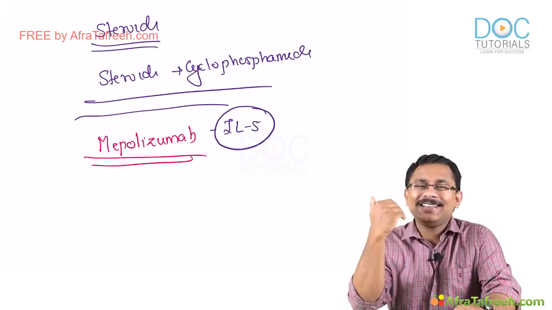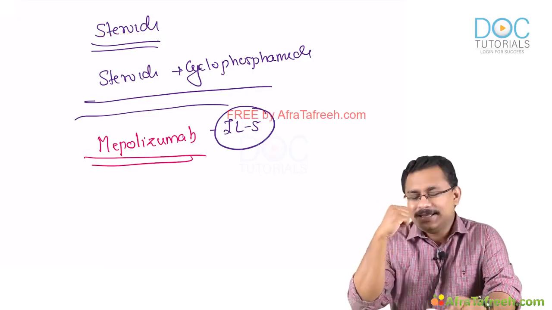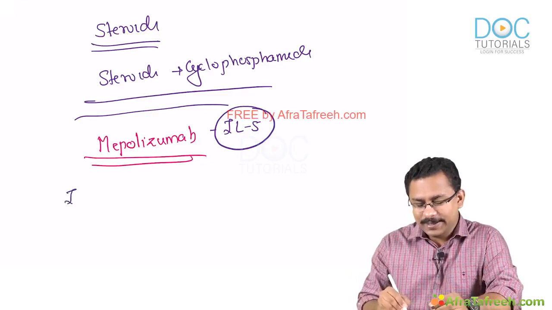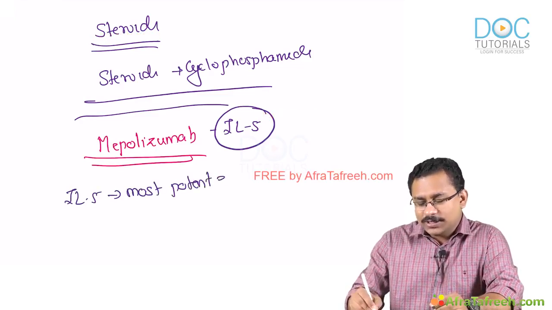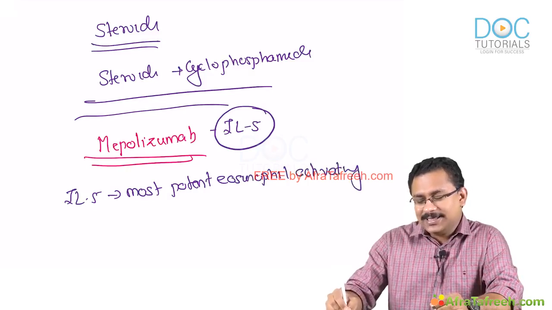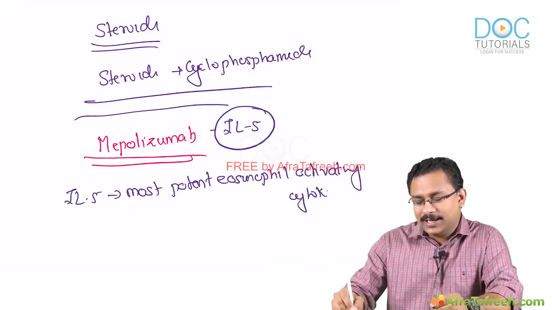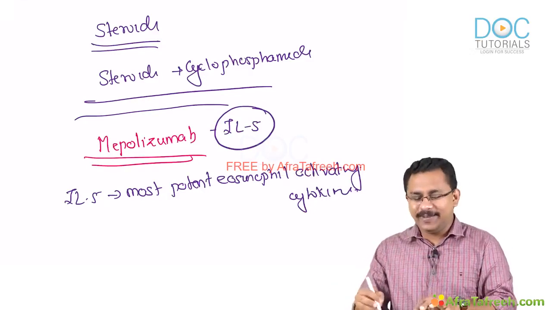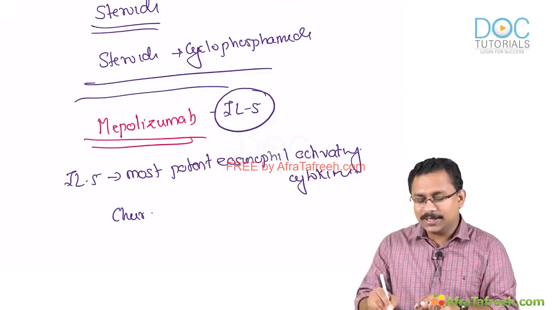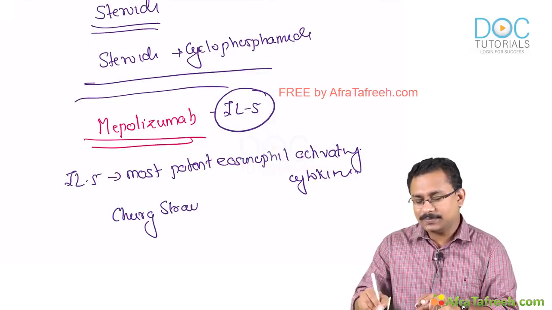If you are able to recollect that, you will be able to say it, that this interleukin 5 is the most potent eosinophil activating cytokine. Okay. Now I am sure that you got the answer. This is the most potent eosinophil activating cytokine. So this is an antibody targeting IL-5, and this can be used for your Churg-Strauss vasculitis.